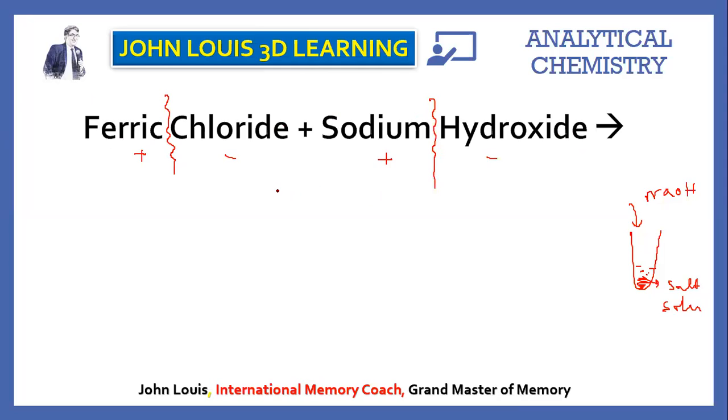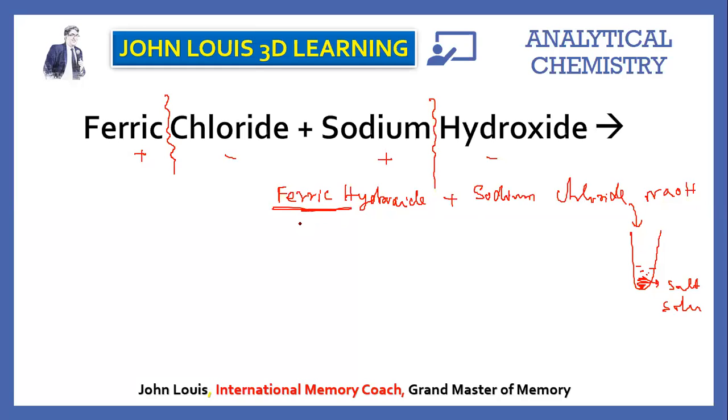The positive reacts with the negative ion. Ferric is positive and hydroxide is negative. So ferric and hydroxide combine and form ferric hydroxide plus sodium chloride. Okay. Now, what is the color of ferric? Already you learned what is the color of ferric.